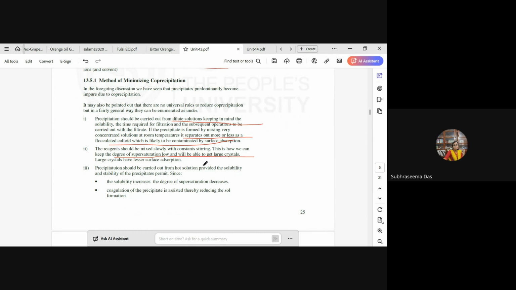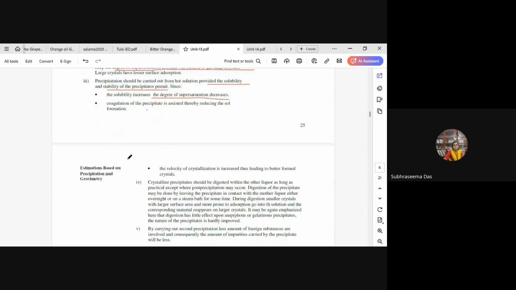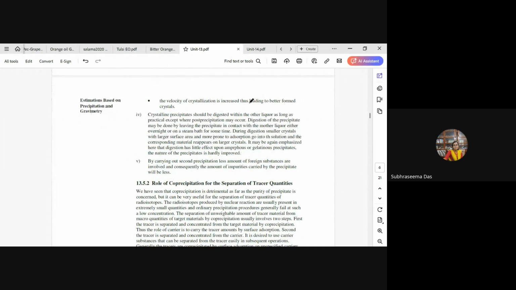Precipitation should be carried out from hot solution, provided the solubility and stability of the precipitates permit. Since the solubility increases, the degree of supersaturation decreases, the coagulation of the precipitate is assisted, thereby reducing the salt formation, and the velocity of crystallization is increased, thus leading to better crystals.